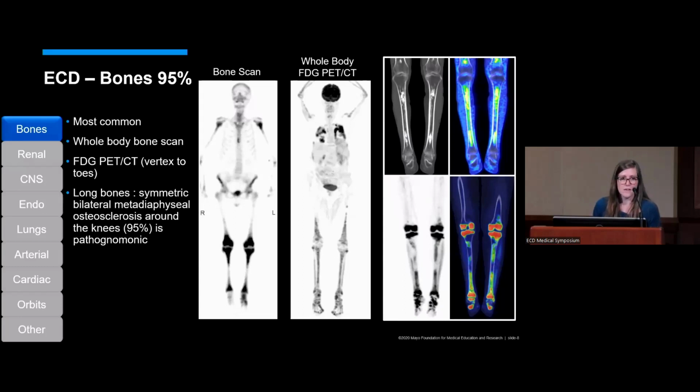And typically these are epiphyseal sparing, but we have seen a few patients that have had involvement of the epiphyses, as you can see in the bottom image, where there's intense FDG uptake in the epiphyses. The axial skeleton is involved about 50% of the time, and you can also have involvement in the small bones of the feet that you can see on the lower images.